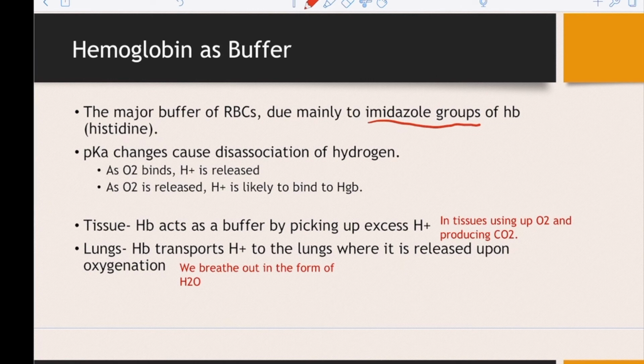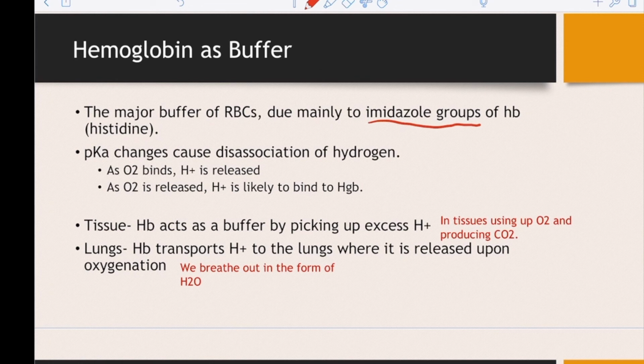So that's something to kind of take note of here, of how hemoglobin's acting as a buffer. As the O2 binds to hemoglobin, now the protons are going to be released. If the hemoglobin lets go of that O2, now it's going to have room for the protons, and the protons are going to bind the hemoglobin.